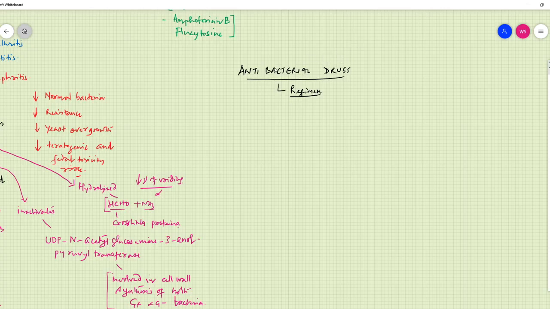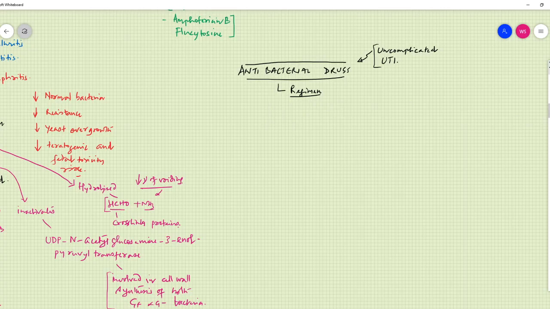What we need to remember is that the antibacterial drugs that we are going to discuss now are used only for uncomplicated UTI. For complicated UTI, some other drugs are used.